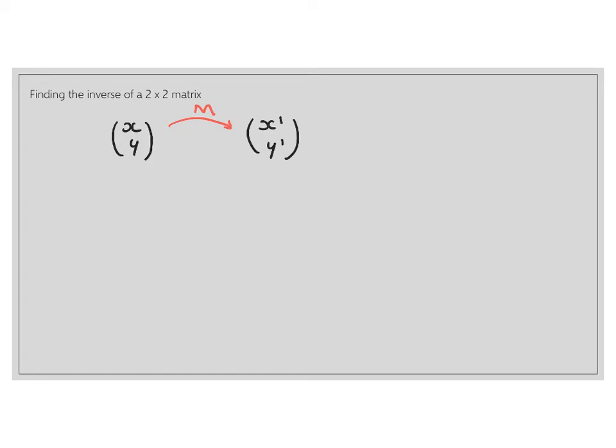Let's suppose we then apply another matrix, N, and somehow this then takes us to x, y. Back to the beginning. Well, what does that mean? That means that N must somehow have reversed M, i.e. N is the inverse of the matrix M.